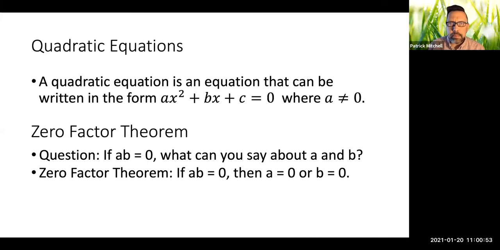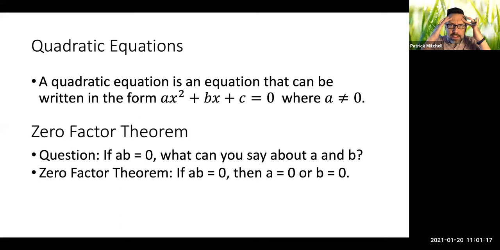I've got the answer up here on the screen already. One of the special things about 0 is when you multiply two numbers together and get 0, that automatically means that at least one of those numbers has to be 0. That is a very special fact about 0. You can't say that for any other number.